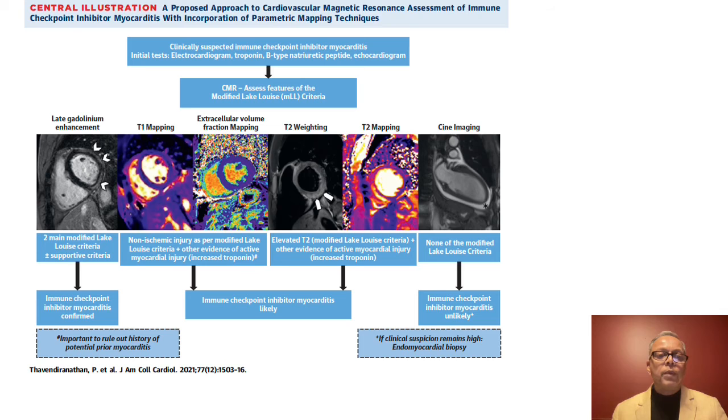And in this terrific paper by Palinesh Nathan in JACC this year, it showed that we can confirm immune checkpoint inhibitor myocarditis, or say it's likely, or even say it's unlikely, depending on using these different MRI parameters. So MRI has been evolving. It's more sophisticated than 4 or 5 years ago, and I think it is our go-to test as we move forward.